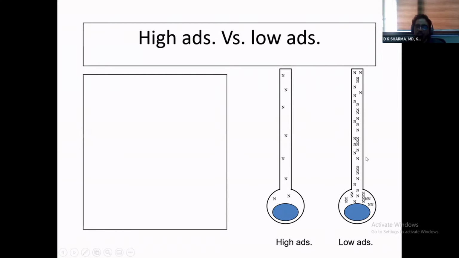Now, if you have a low surface area material, which means it will adsorb very little, in other words if you have sent 1,000 molecules to the sample, especially at low pressures, the situation will be that 998 will remain above the sample and only 2 molecules will be adsorbed.